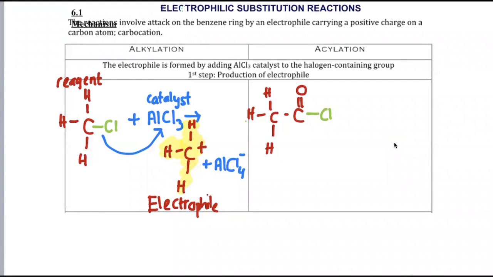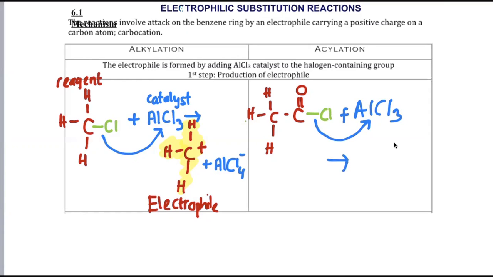The same procedure: you react your reactant with your catalyst, AlCl3. The carbon-chlorine bond breaks, chlorine gets the electrons, carbon becomes positive, chlorine becomes negative. The Cl minus now combines with AlCl3.